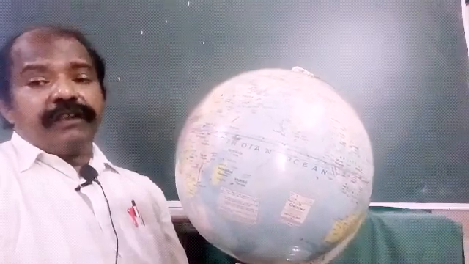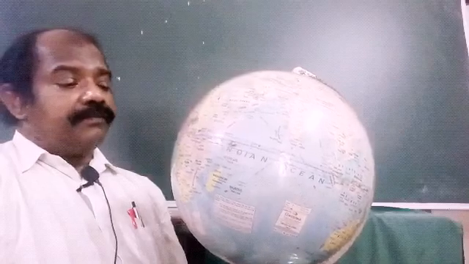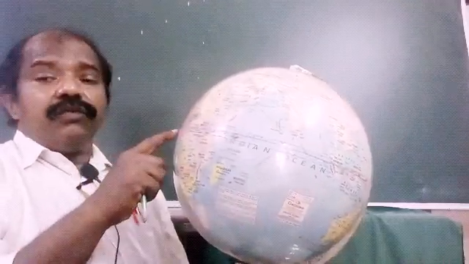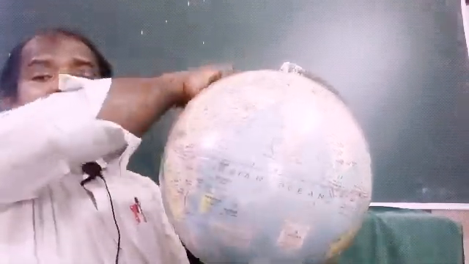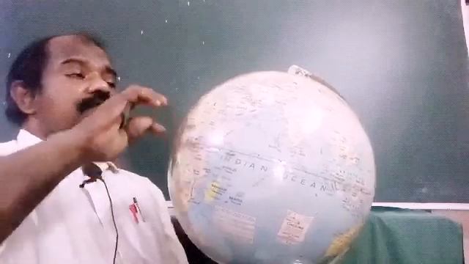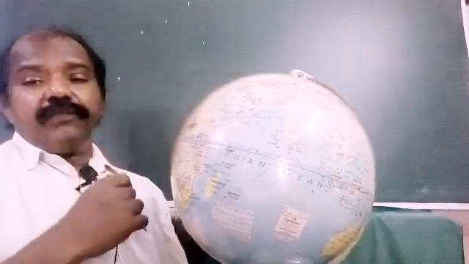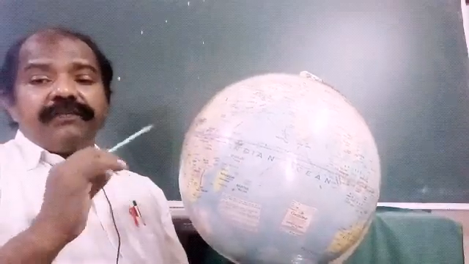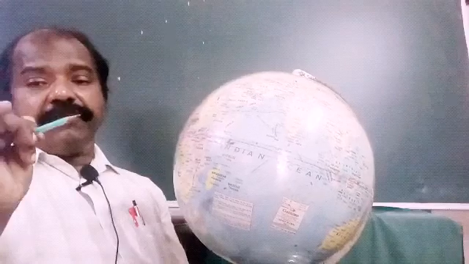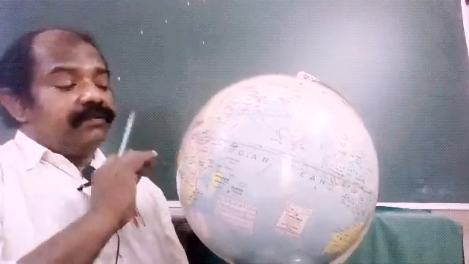How many longitudes are there? 360 longitudes are there. So from 0 to 180 degree, just opposite to this longitude, another longitude will be there on the other side. Up to there it is the western hemisphere to the left.